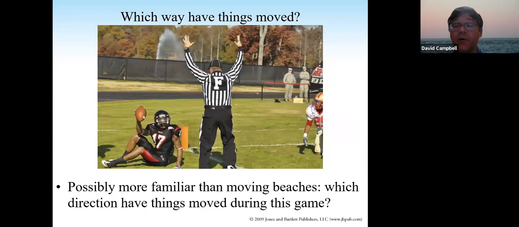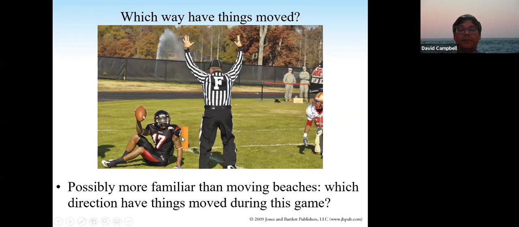We may not think as much about moving islands, so here's a different example. From this picture, what can you tell about which way the football has moved during the game here? Well, you don't start the game with a football in the end zone.